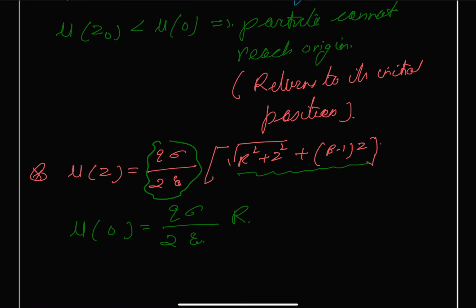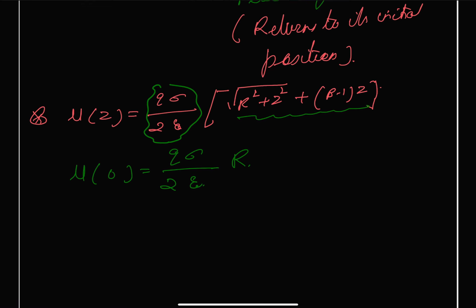Therefore we can further say that U of z is approximately equal to the square root of R square plus Z square, plus beta minus 1 times Z. So we are going to use these two equations.